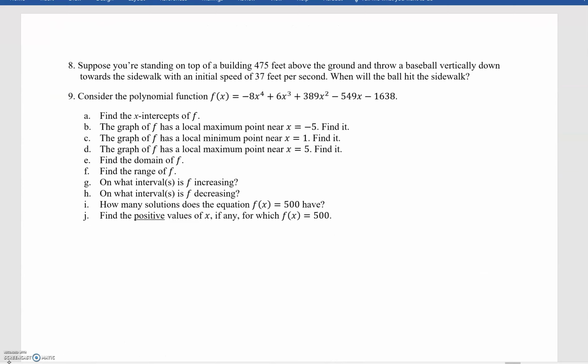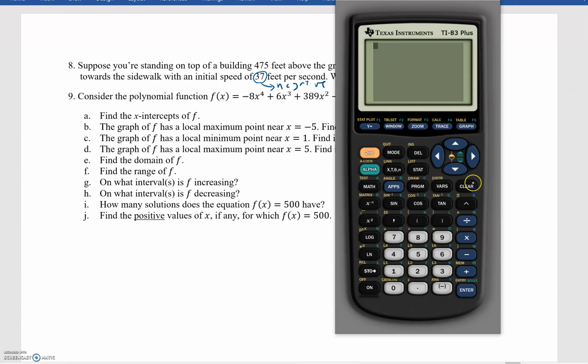Suppose you're standing on top of a building 475 feet above the ground and you throw a baseball vertically down towards the sidewalk with an initial speed of 37 feet per second. When will the ball hit the sidewalk? So projectile motion equation, our initial velocity is right here, but it's negative, okay, because we are throwing the ball down. So that means our model is going to be, let me just go straight to the calculator with this.